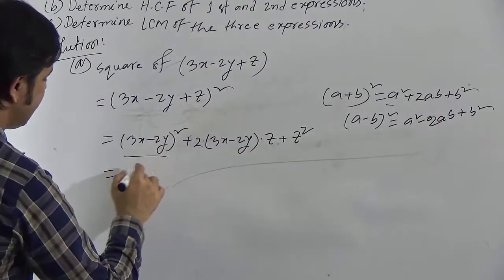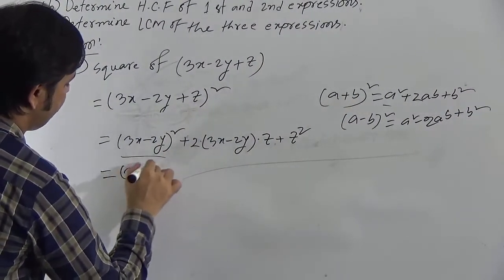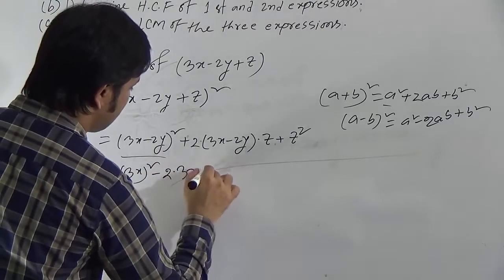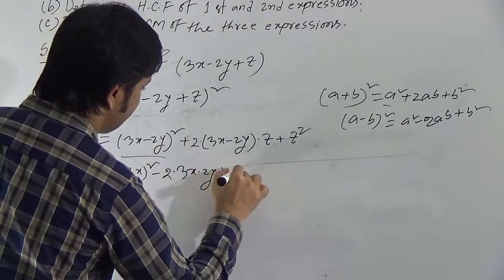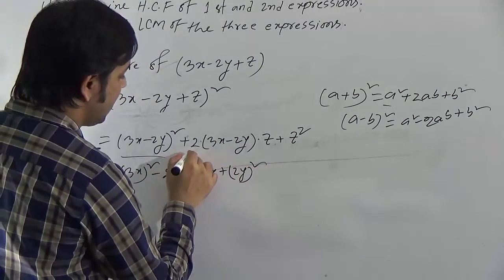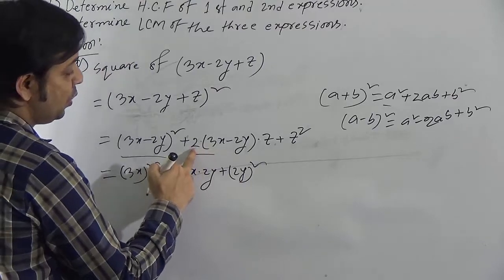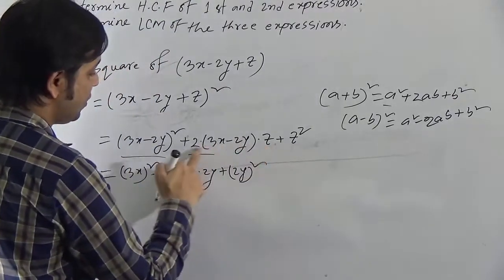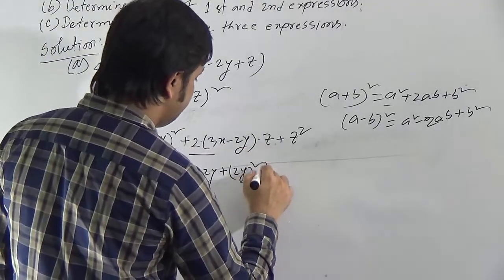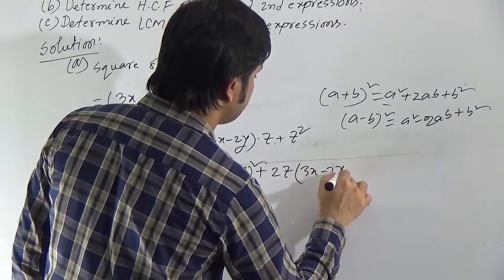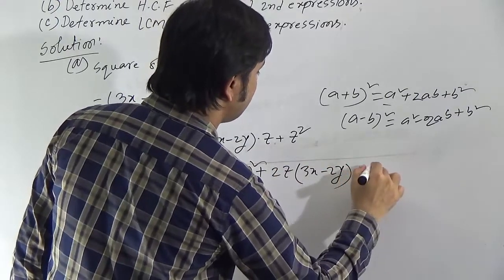So we can write here 3x whole square means a square, minus 2, a means 3x, b means 2y, plus b square means 2y whole square. Then we need to go to the next step. Here 2 into 3x minus 2y into z. If we multiply 2 and z, we will get 2z. Then write here 3x minus 2y. Now z square.